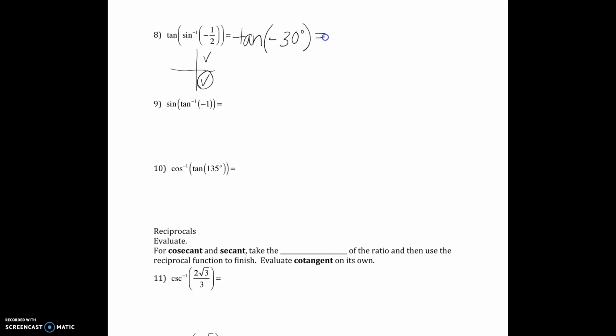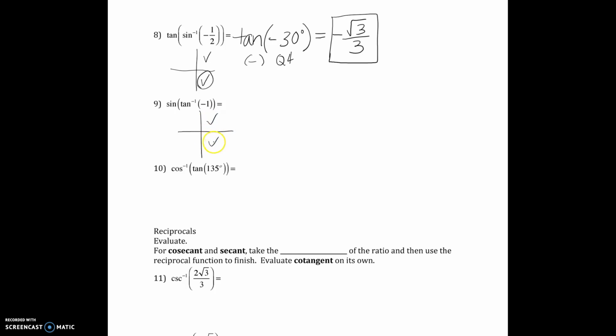And then tangent of negative 30 degrees. Tangent is negative in quadrant 4, so it will also be negative, and that will be negative root 3 over 3. Again, choosing it from your chart or unit circle values. We're doing another tangent one, first or fourth.